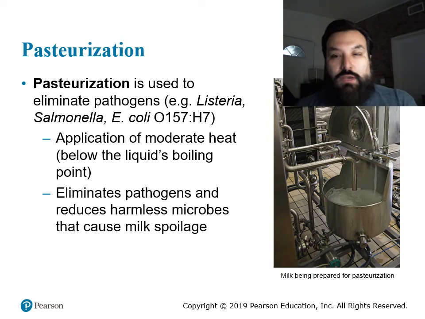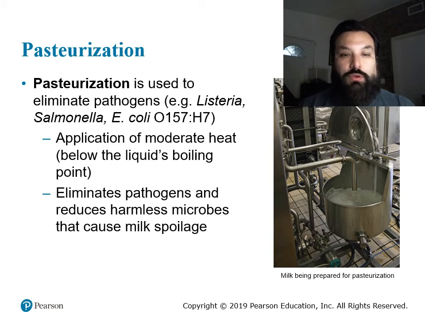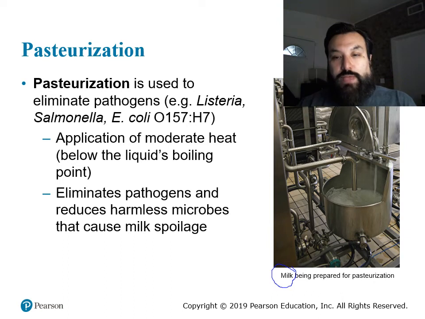And so when we talk about pasteurization, pasteurization is actually a type of boiling, if you will, okay? We don't really boil the stuff, but we get it really close to boiling point. It's a way we use it for certain foods, like for example here in this figure, milk, right? Milk is used for pasteurization.